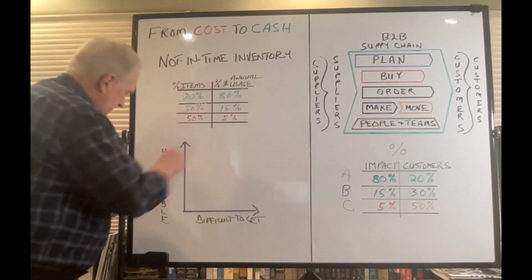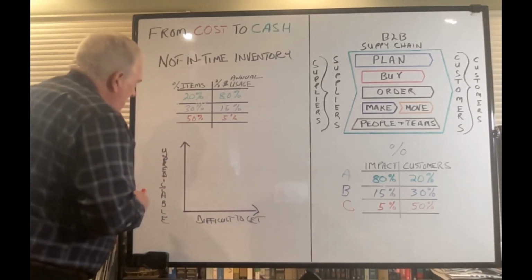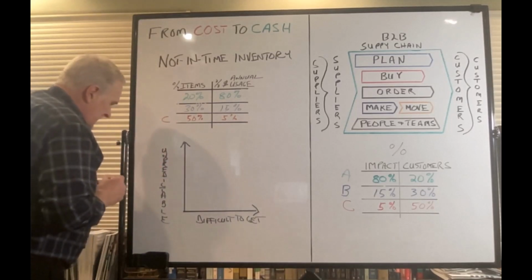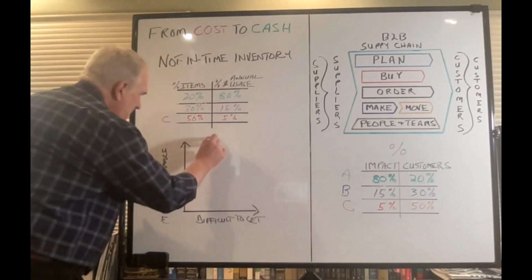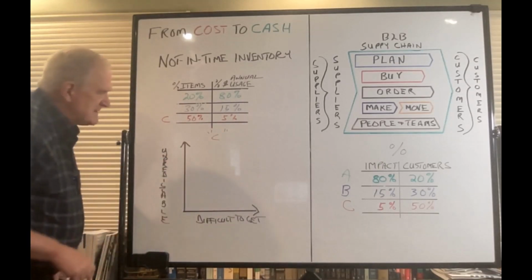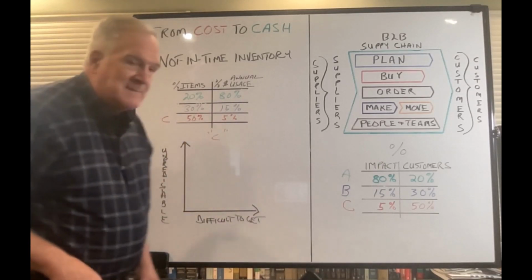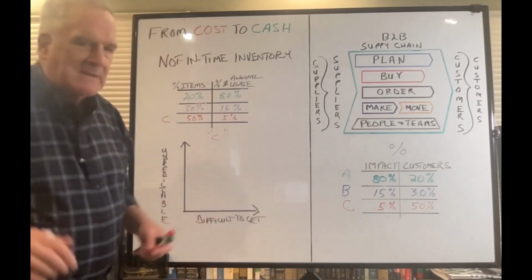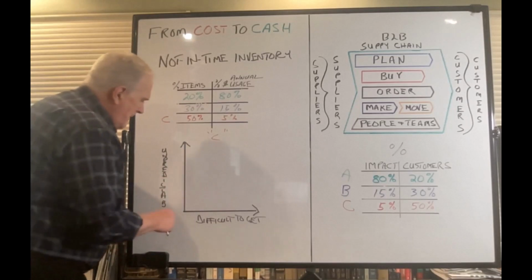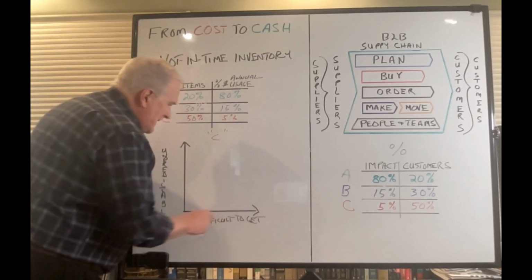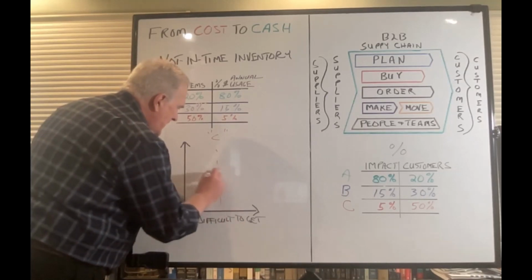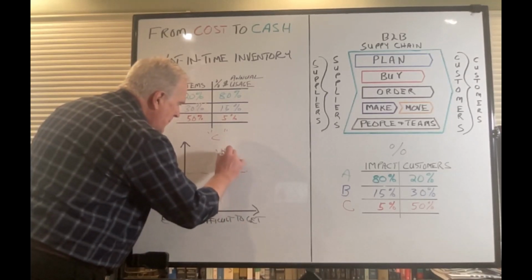Let's start with these lower dollar impact items. We'll call these the C items. For C items, we do a quick analysis of these. Even though there are a lot of items, you want to just do a quick analysis. It doesn't take a lot of math. Just decide, is the demand for it unpredictable, and is it difficult to get? If that's the case, we want to have plenty.